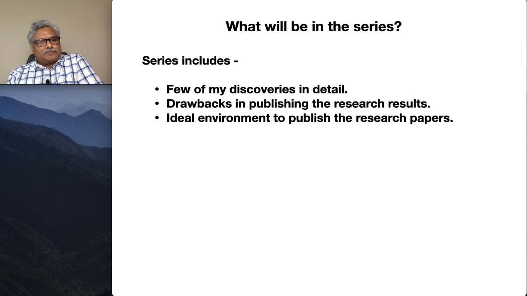I'll see what is actually the root cause of all this confusion, basically how we publish the research. I see the drawbacks in how publishing research is bringing this much chaos in the sciences. And then at the end, I propose what we could do: what would be the ideal environment to publish research papers?